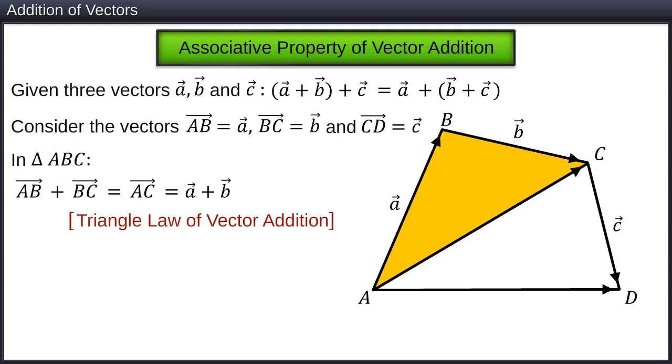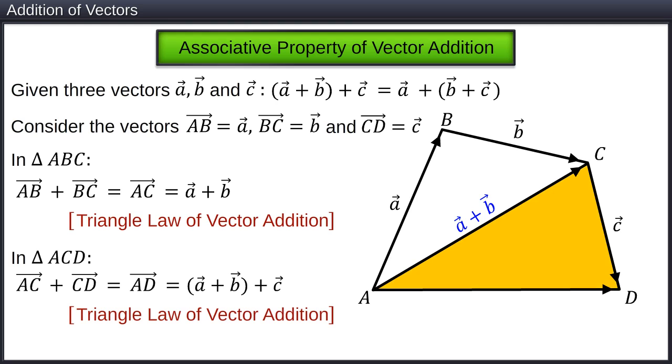By the triangle law of vector addition, the sum of vectors AB and BC is equal to vector AC, which is equal to vector A plus vector B. Now, consider triangle ACD. The sum of vectors AC and CD is equal to vector AD, or the sum of vectors A and B plus vector C.